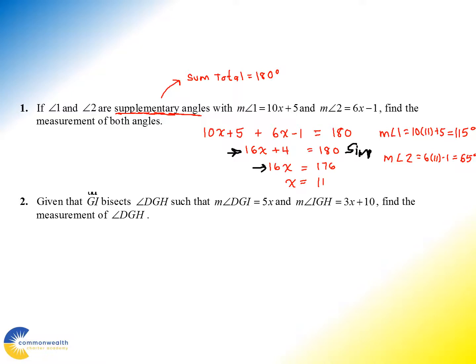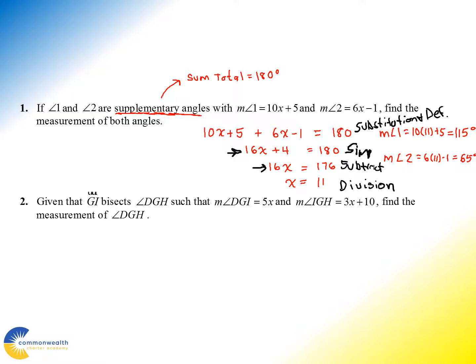And for line 2, I'd probably say that was because of the subtraction property of equality. This I would have said was from substitution and definition of supplementary. I'm just going to put the whole thing in. And then lastly, when I divide both sides by 16, that's by the division property of equality.